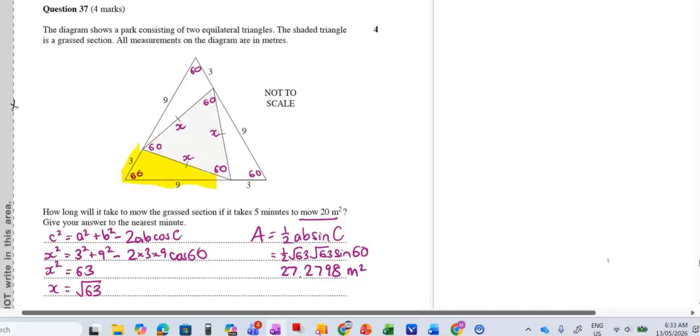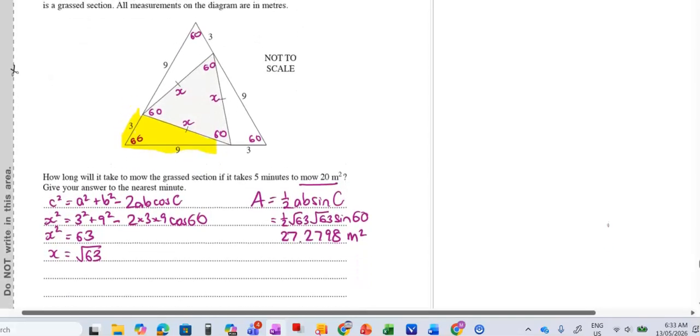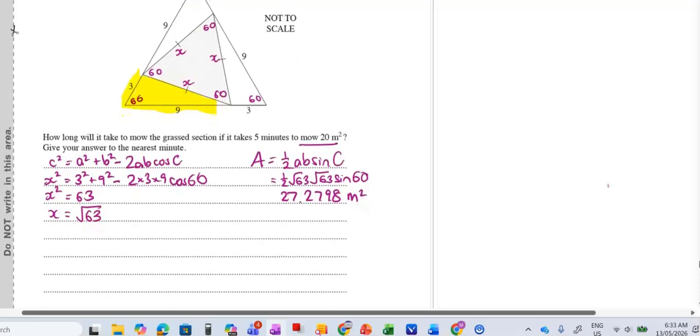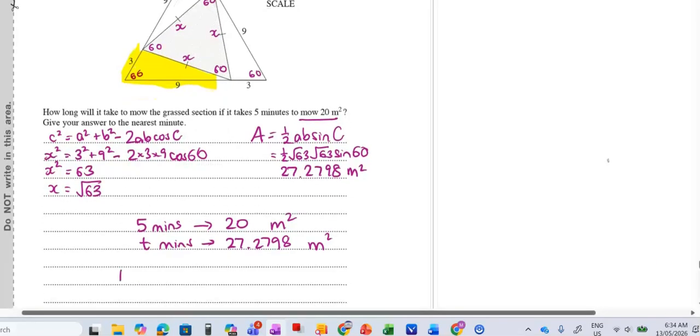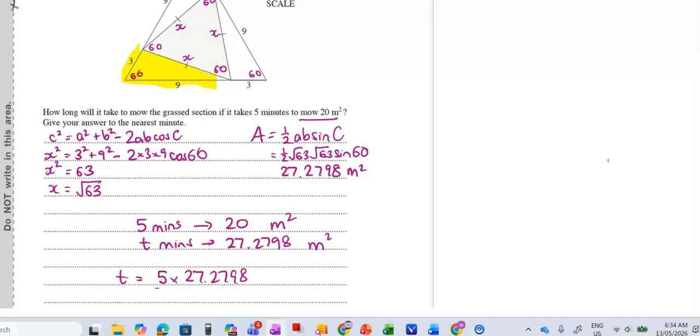Okay, so we need to set up a question involving ratios now. So we know that every 5 minutes relates to 20 square metres. So the question is, how long will it take for 27.2798 square metres? So the t I'm looking for must be 5 times 27.2798 over 20.